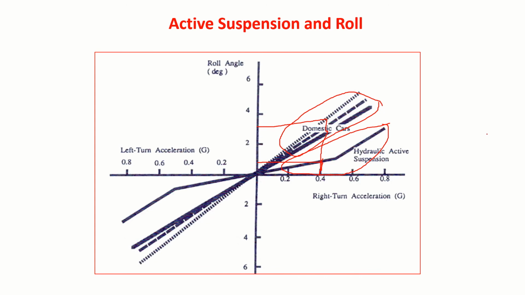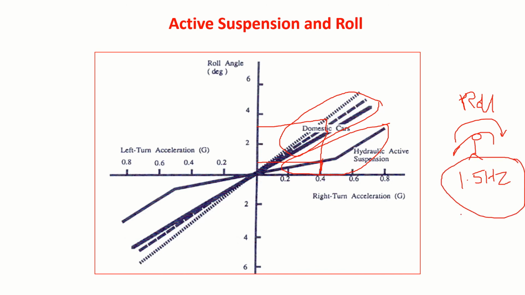So then you see the person who is sitting over here, he'll be like this, subjected to rolling frequency. Then there is a roll frequency. And if this roll frequency is very much greater than maybe 1.5 hertz, he definitely feels very uncomfortable.